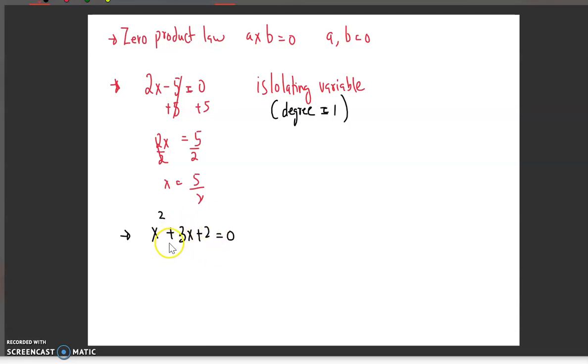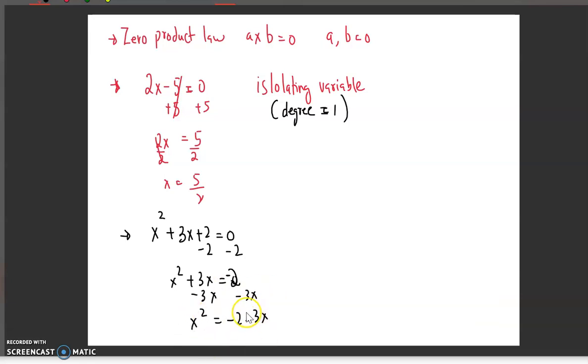This is a situation where isolating the variable is not going to work. Well, we could try if I move the 2 to the other side. But then what? Now I'm left with this one. I could take the 3x to the other side, but that's not really going to help me because all I did was move it around to the other side.